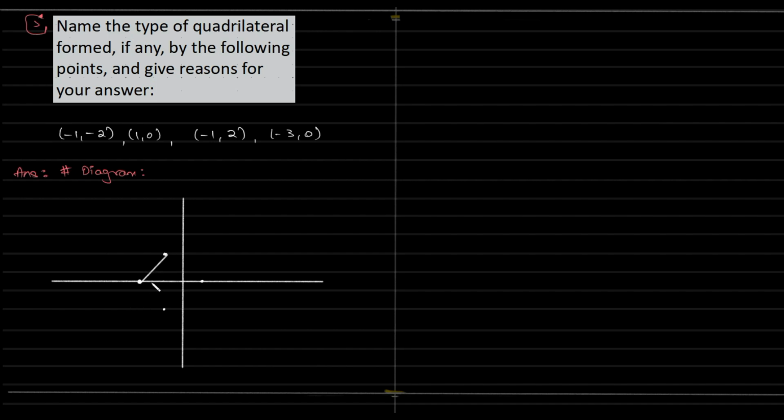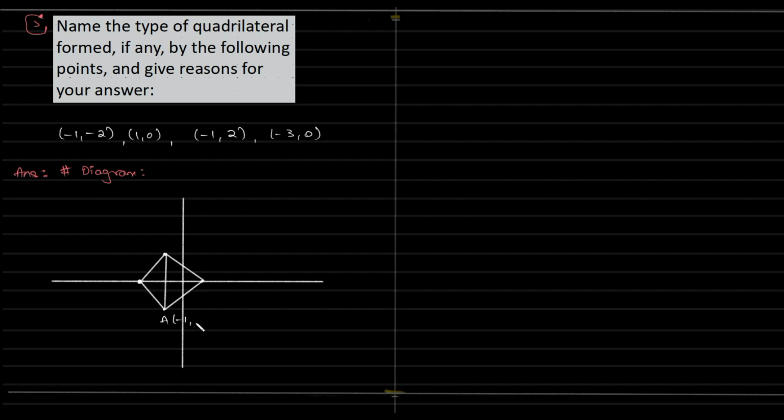So we need to join them. It looks like a kite actually as of now, so we're not sure. Anyways, we'll call this ABCD.